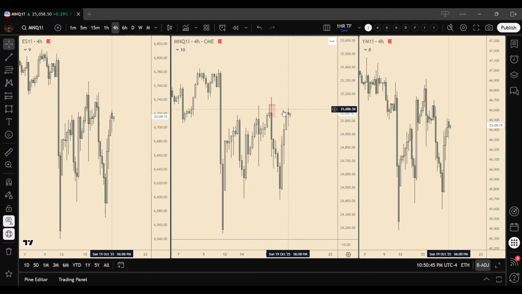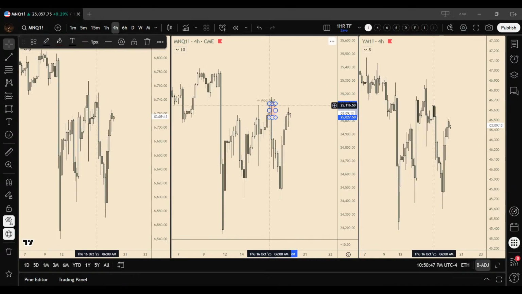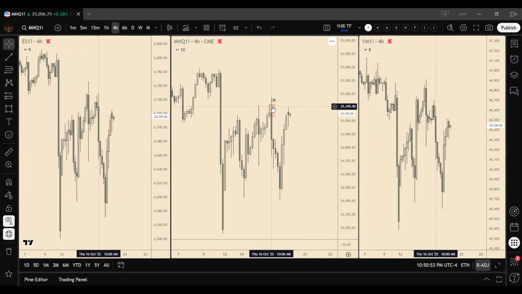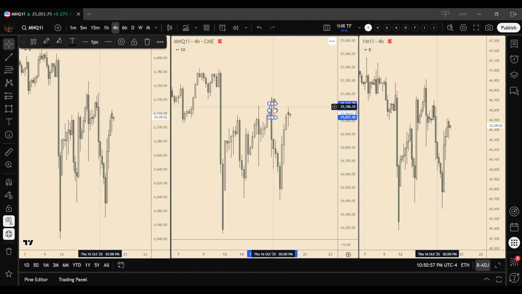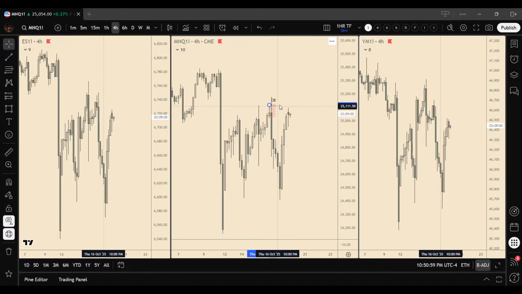So you have the order block here, and you got the high of this candle, which is a precision candle.